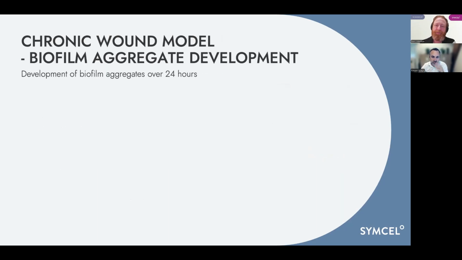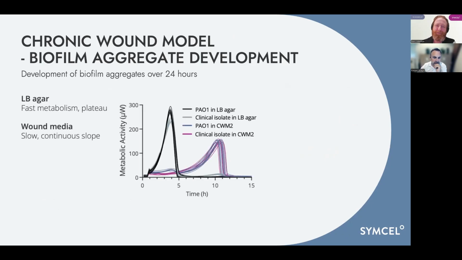So if we take a look at what happened during the first 24 hours of developing these two strains in either the simple LB media or in the wound media, you'll see that both the PA01 strain and the clinical isolate grow really fast.